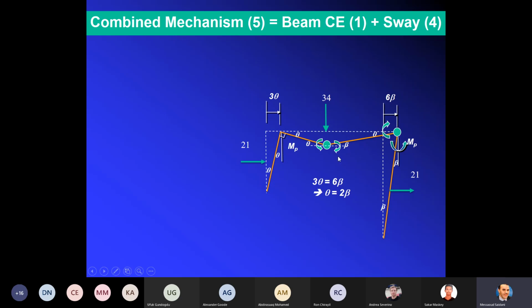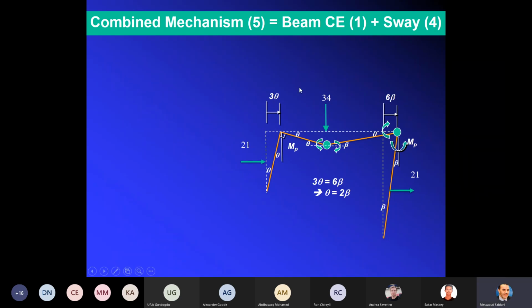All right. So therefore, we have 2 hinges: a hinge at mid-span here, and the hinge on the right corner between the beam and the column. And this is the mechanism. So we have the vertical loading, 34, and we have the horizontal loading to consider as well.